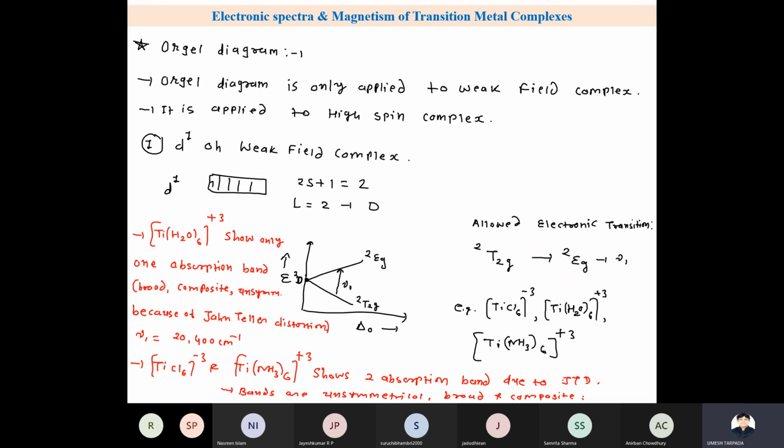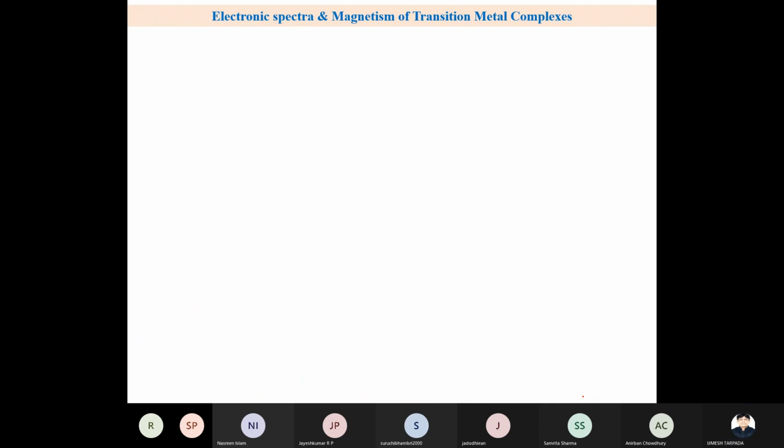Now in the case of d6, what happens? Now we're coming to the d6 system. So as far as the d6 system is concerned, which term is there again in d6?